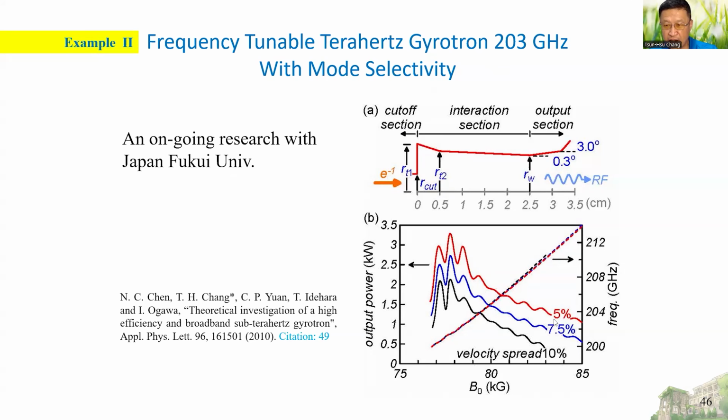As you can see here, that's for velocity spread. This structure is good for uniform, high power at 200 gigahertz, and also with high citation. Dr. Cheng, because of this work, received an invited talk at the International Conference on microwave, millimeter wave, and terahertz wave.